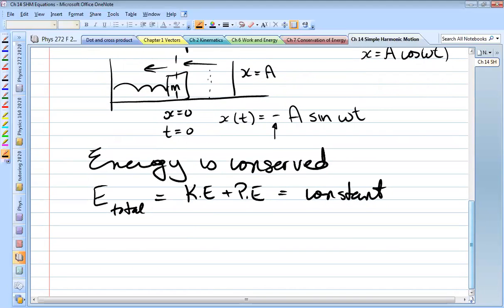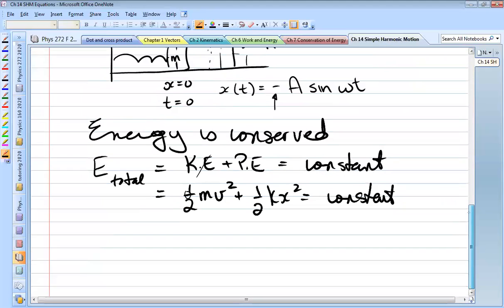And it just so happens the constant has to do with when it's over here at x equals a. When it's over here at x equals a, it's not moving, and so the kinetic is 0. And the potential is all elastic, half k x squared, which just happens to be 1/2 k a squared. So in general, wherever it is, it's 1/2 mv squared plus 1/2 k x squared is equal to a constant.